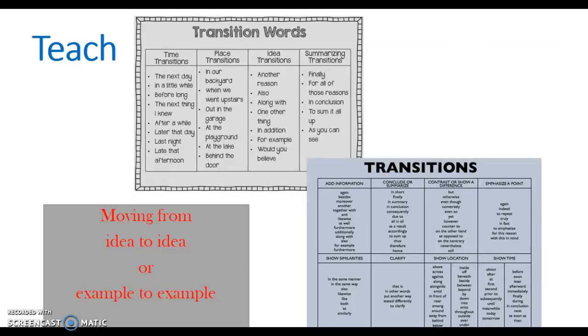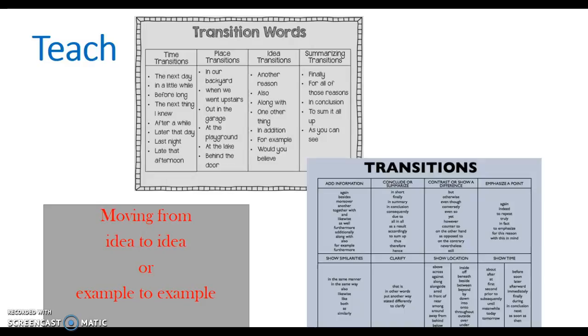Now, transitional words are used based on the type of writing. So if you're adding information, you would use words that let a reader know that you're not finished with that particular concept or idea, but you're going to add to it. You might say things like also, and, for example, together with, likewise.